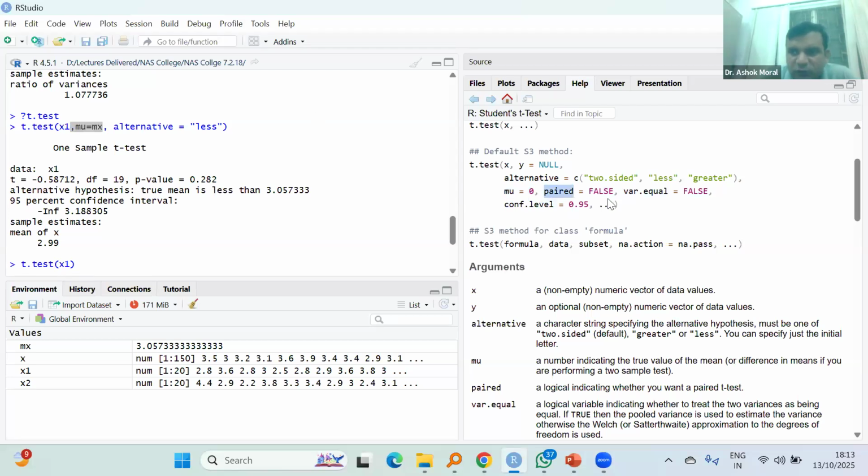Then the next argument, by default they are considering paired is equal to false. Paired is equal to false. So I have told you before and after data is the paired data, and independent data is male and female data, two groups' data, two places' data, two anything, both different in this sense. And in paired, the same individual from the same place generates data twice, data collected twice. Individuals will remain the same.